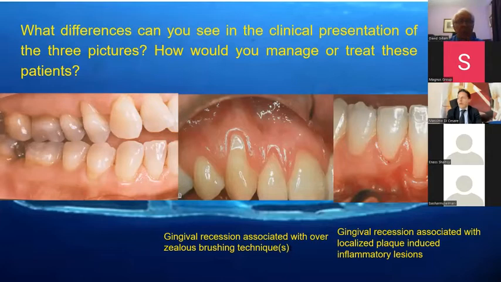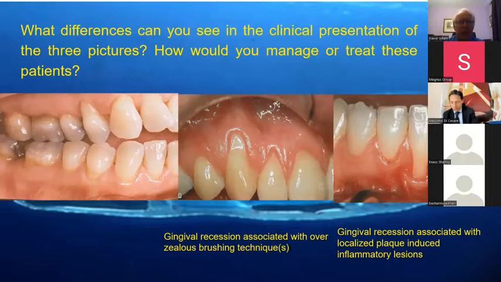A simple open flap surgery, I think we did, and you can see this patient is left with gingival recession. It's posterior. Obviously, we have the anterior teeth here, but you can see there's recession on the premolars and molar. In most cases, that would be acceptable unless you've got a really wide smile.